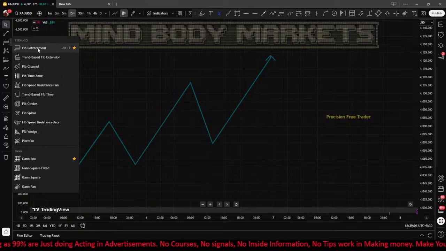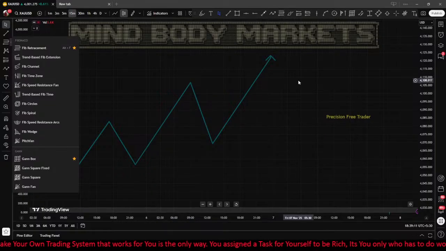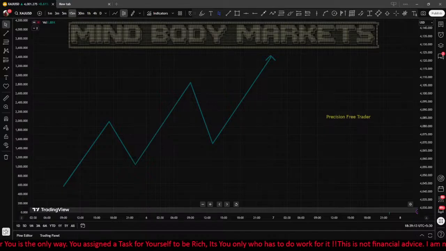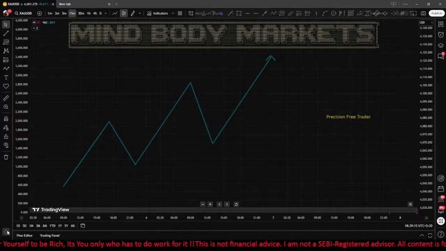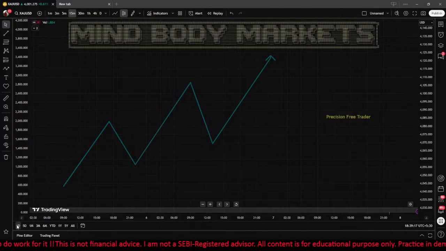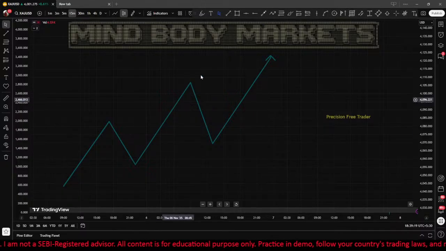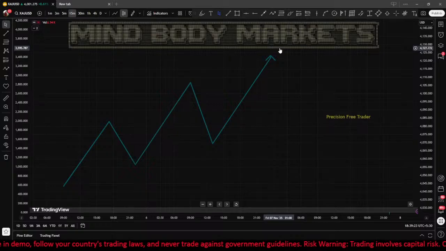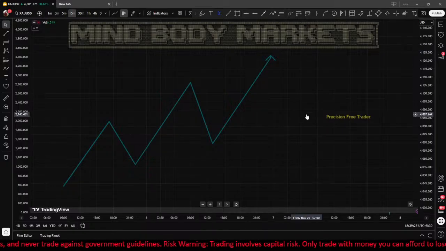And in Fib retracement, you can mark the star so that it will be available on your favorites list, so you can directly use it from your screen if you enable this star mark here. If you disable it, your favorites toolbar will be gone. If you just click it, all the favorites will come up so that you can use it directly on the chart. You don't need to find it everywhere.